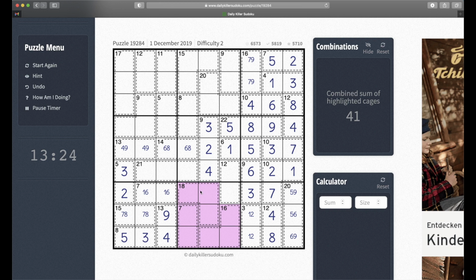They all add up to 41. The total has to be 45, therefore here we have to have a 4, and that therefore has to be an 8. That's nice because that means, because we've now got an 8 guaranteed in that cell in this square, that cannot be an 8. It has to be a 6, and we can clarify those two positions.